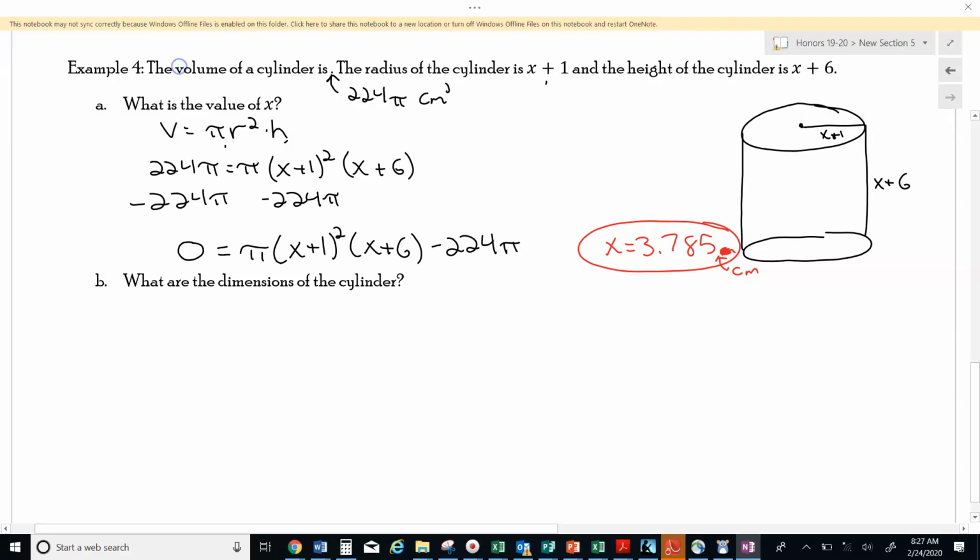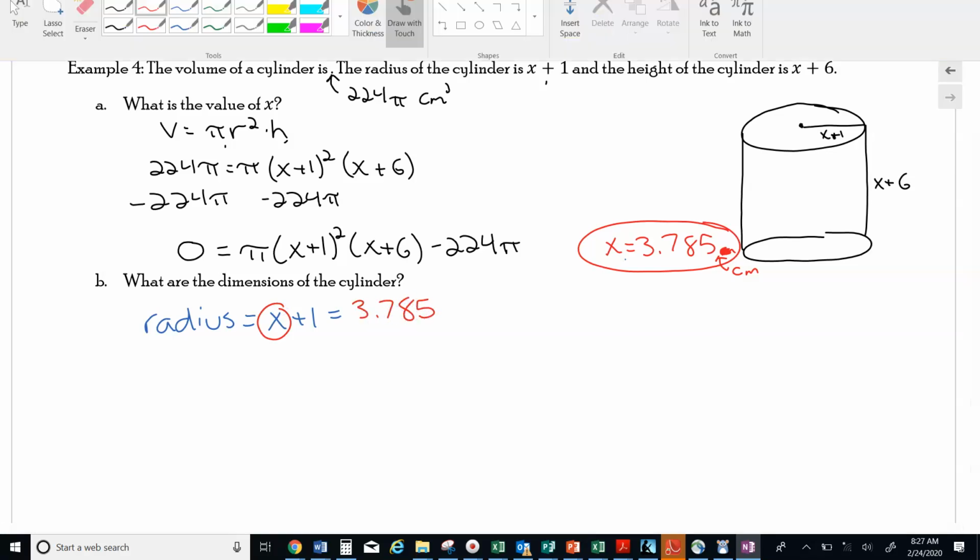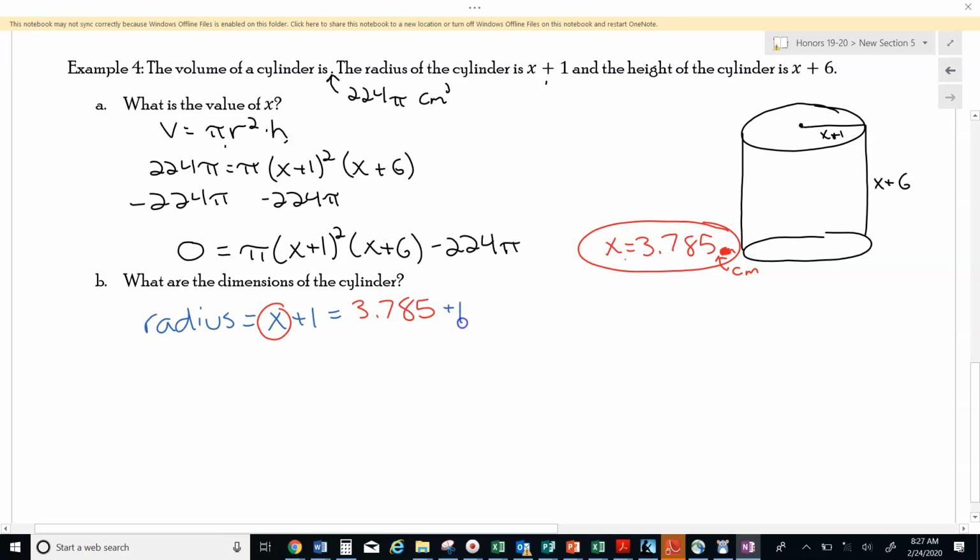Now same thing for our dimensions. Our radius equals x plus 1. Well, our x is 3.785 plus 1. Our height equals x plus 6.